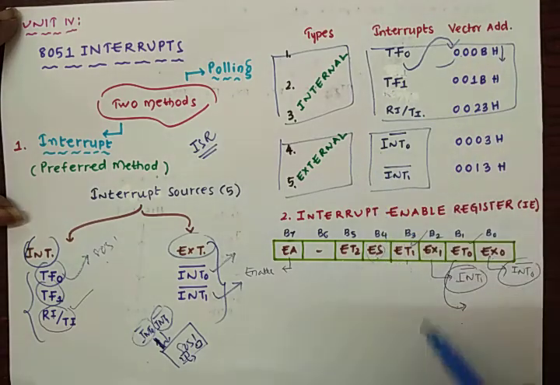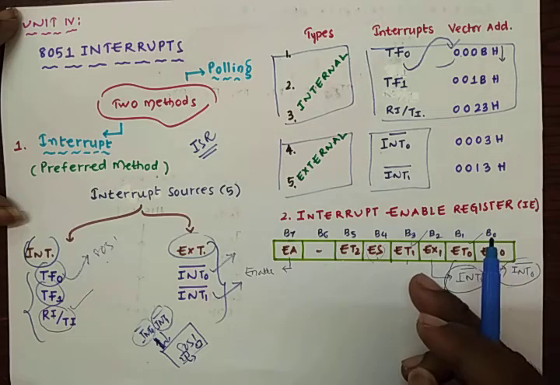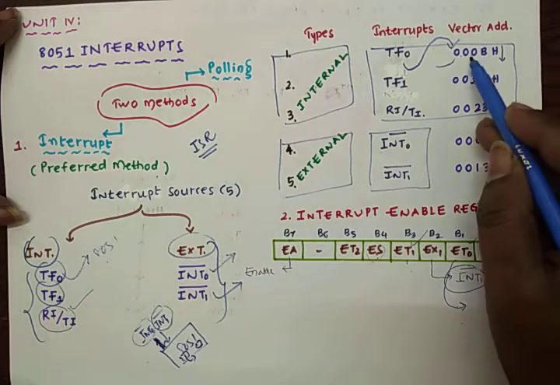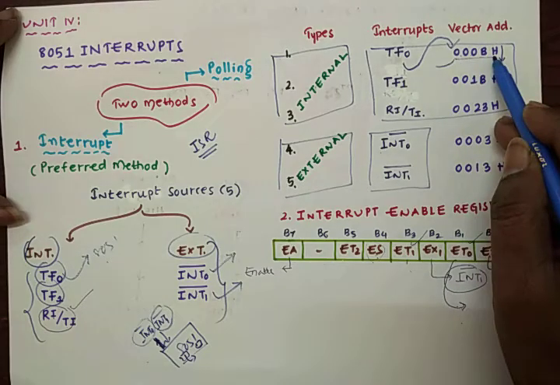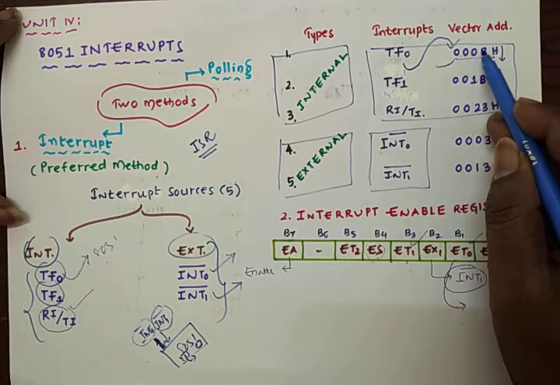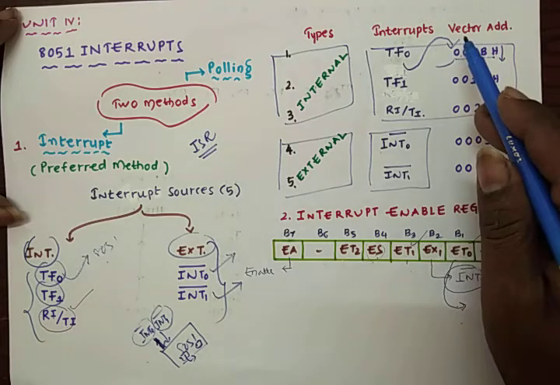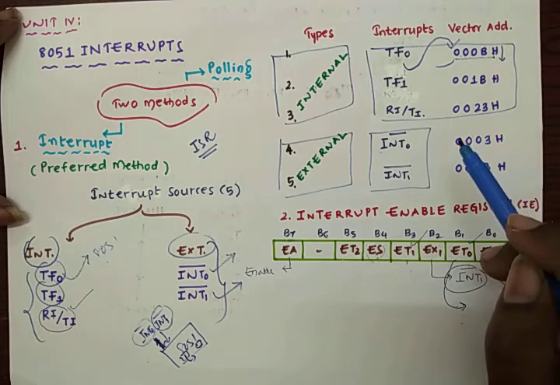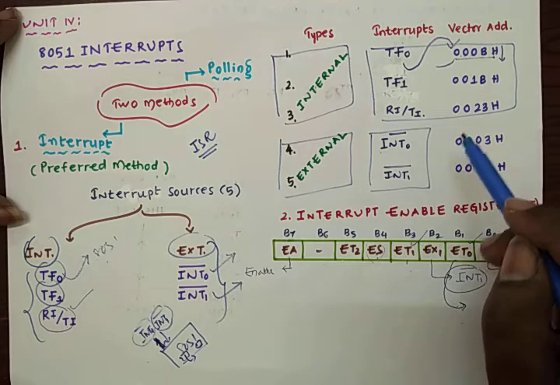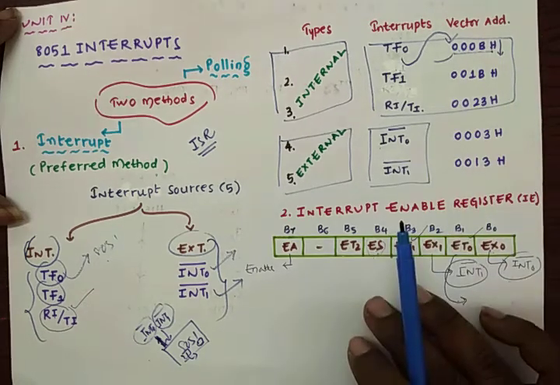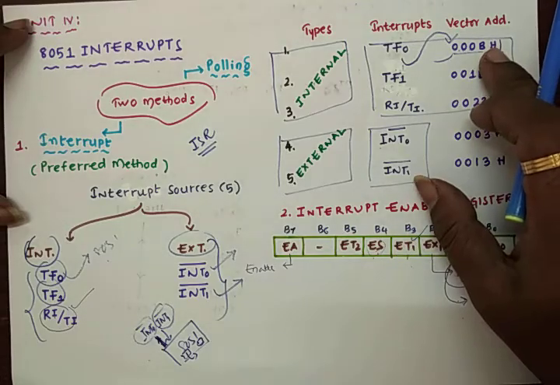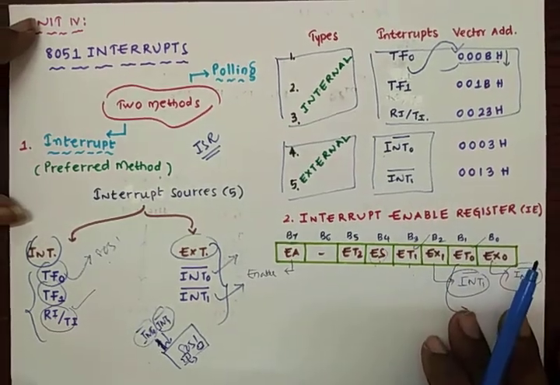H is nothing but hexadecimal. It is assumed that we have the program code at the address 000BH, and the program control executes those instructions and comes back to the main program. So this is the necessity of vector addresses.